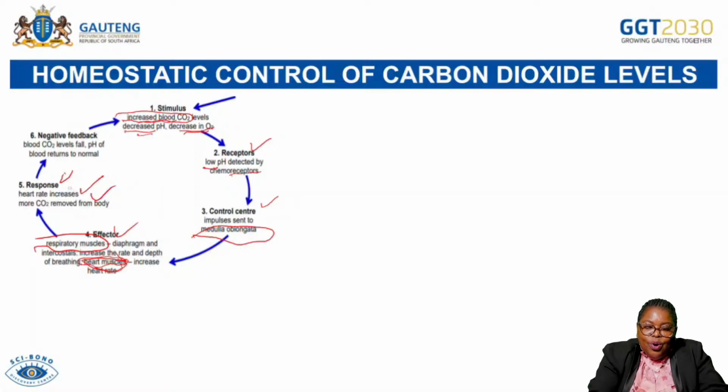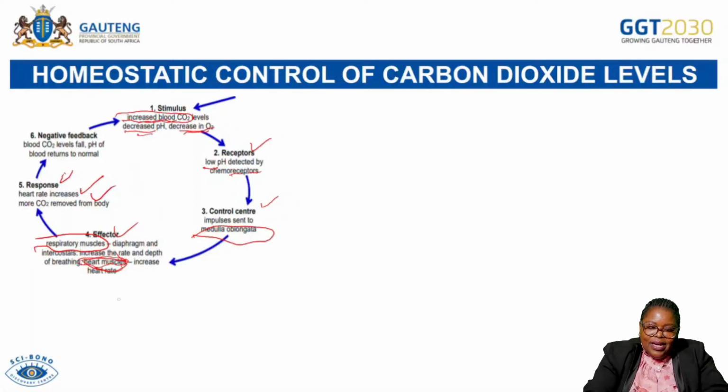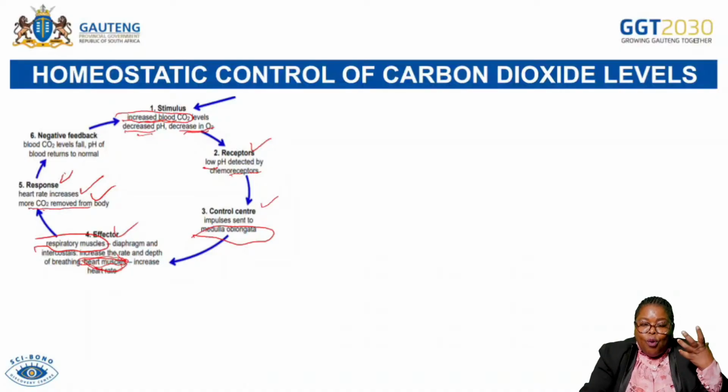Now, in the response, in the negative feedback mechanism to bring the level of carbon dioxide to normal, impulses were sent to the respiratory muscles, increasing the rate and depth of breathing. In the heart muscles, we have an increase in the heart rate. So when you're breathing faster and the heart rate increases, more carbon dioxide is going to be removed from the body.